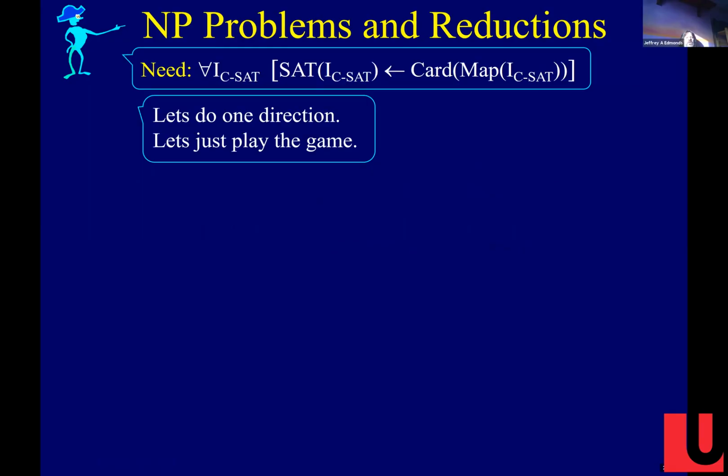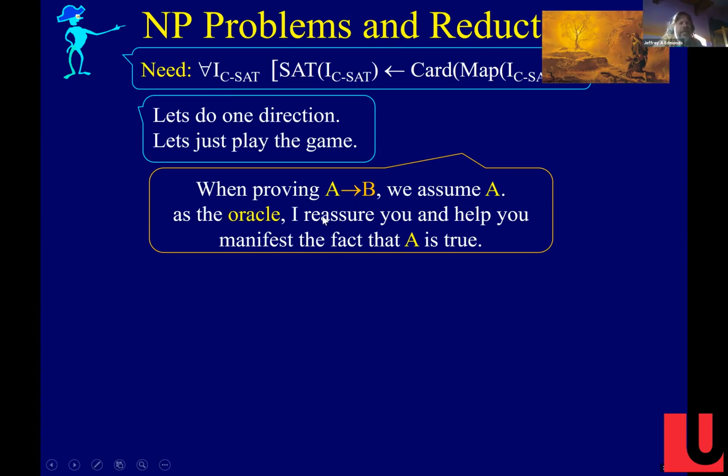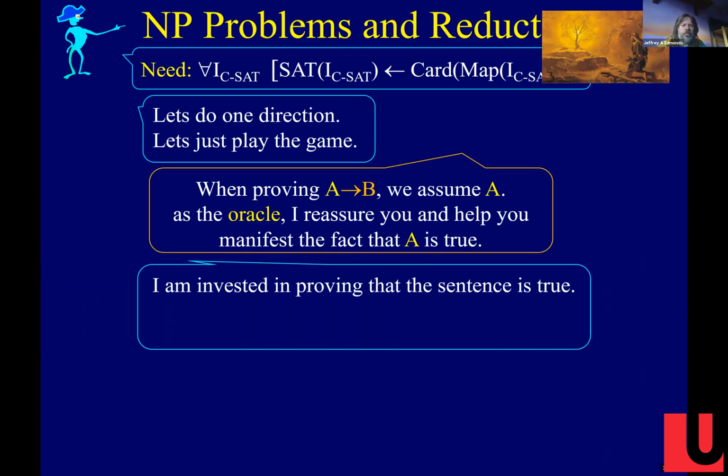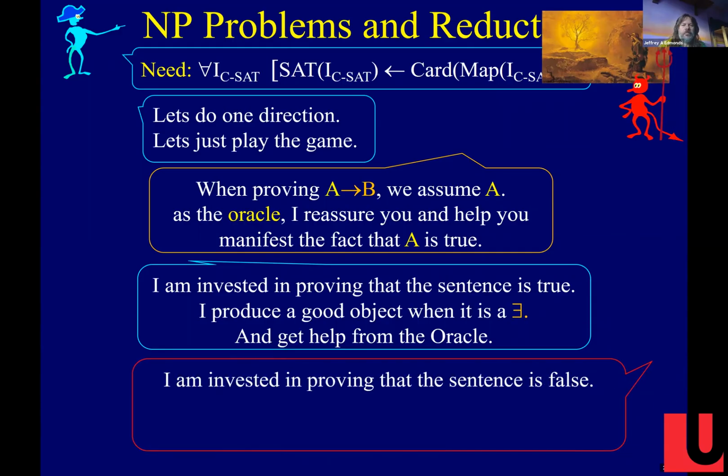Let's pretend we had an adversary here that gave us a bunch of clauses, and I map them over to some cards, and then let's assume A is true. So we're assuming that we have an oracle that reassures us that our cards are satisfiable. Then our goal is to prove that the clauses are satisfiable, and we're going to get help from the oracle.